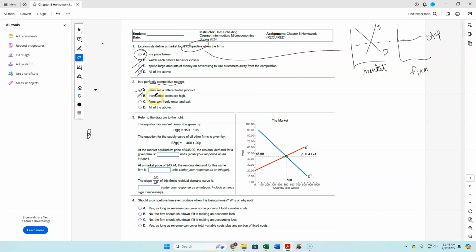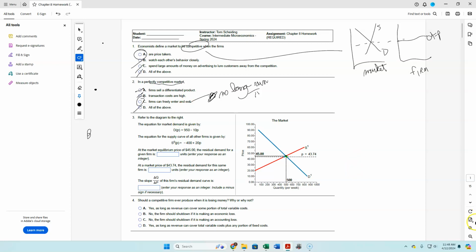We presume that all the products are similar and that everyone knows what everyone is charging. Obviously, it can't be D, and we know that firms do freely enter and exit the market, with the consequence being that there is no long run profit. That's not required of this, it's just helping you understand it even more.